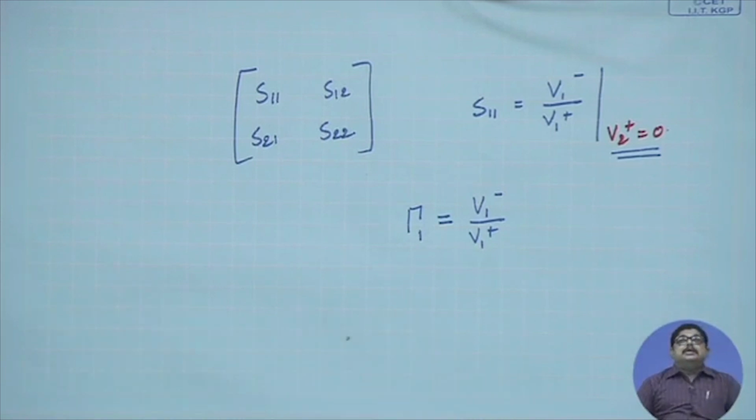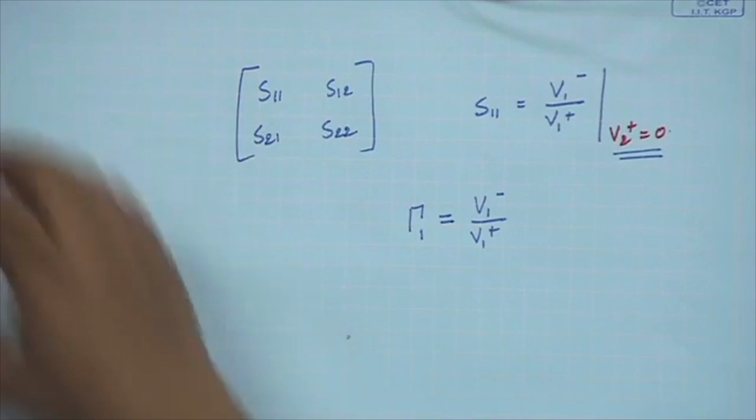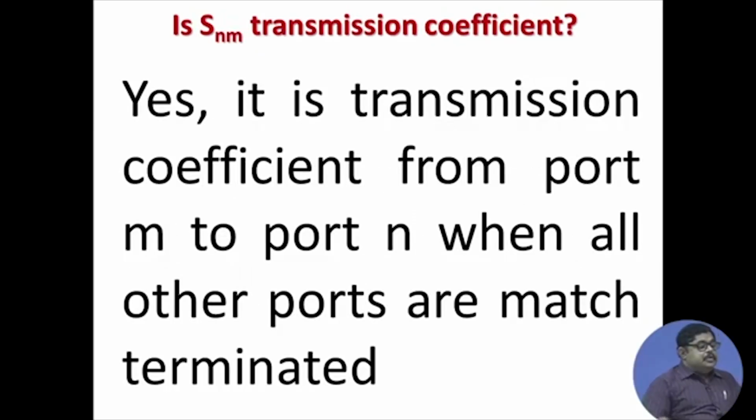That is why we are saying that in general they are different, that is why the first answer is no, and the second answer is yes only when all other ports are matched, then S11 and reflection coefficient are the same. Generally, it is a misconception, many times people interchangeably say this, but you should remember that only under this condition are they the same, otherwise they are two different entities.